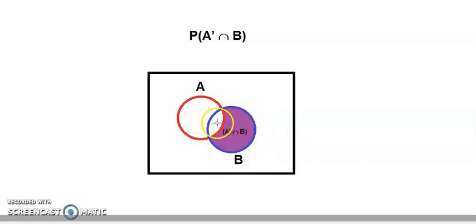We need to minus this area. So this is the area of A intersect B. So in order to find A prime intersect B, it is given by probability of B minus probability of A intersect B.